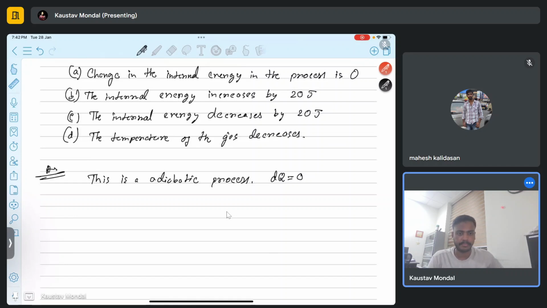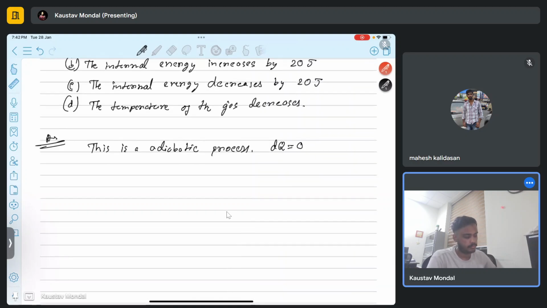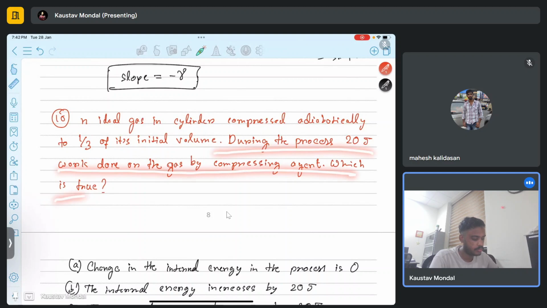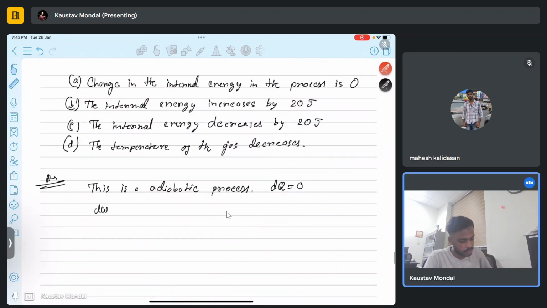Now it's mentioned that during the process 20 joule work is done on the gas by the compressing unit. There is some external agent which is doing work by compressing the gas, and as the work is done on the gas, we can consider dW as plus 20 joule, right?